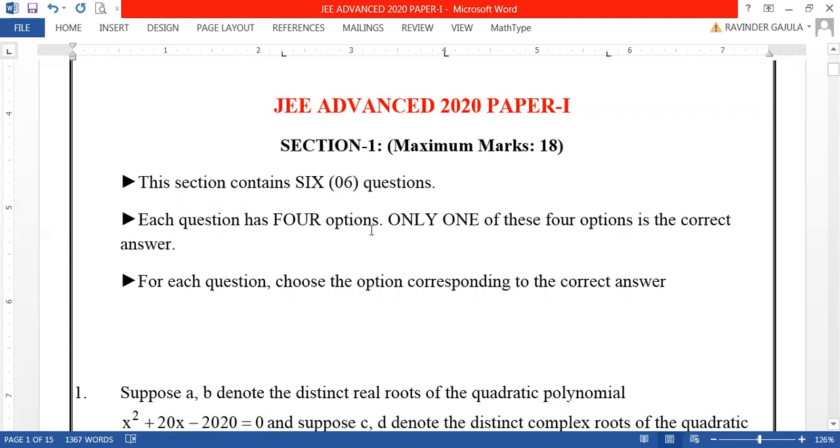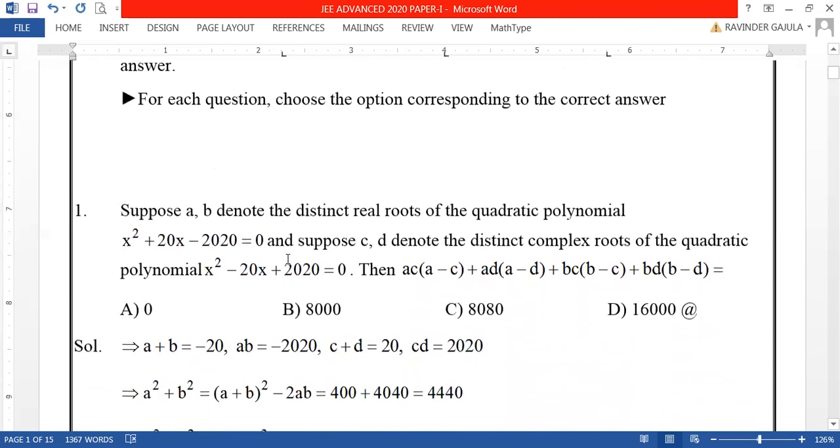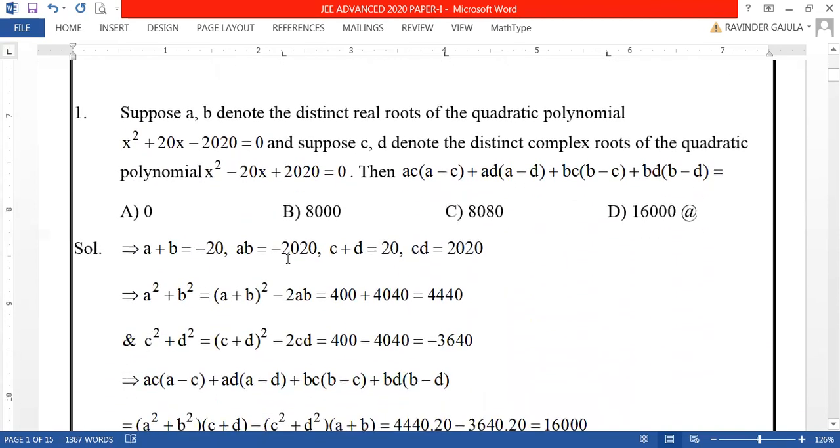Each question has 4 options, in which only one of these options is the correct answer. And that correct option must be answered. Now, dear friends, let us go to question number 1 here.